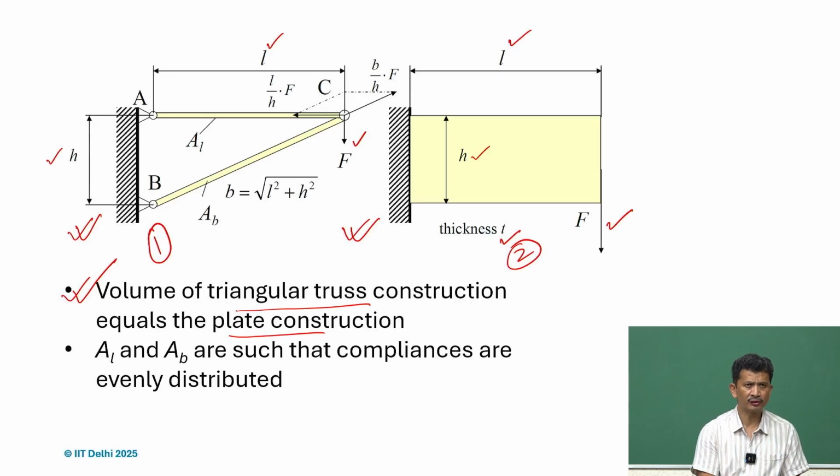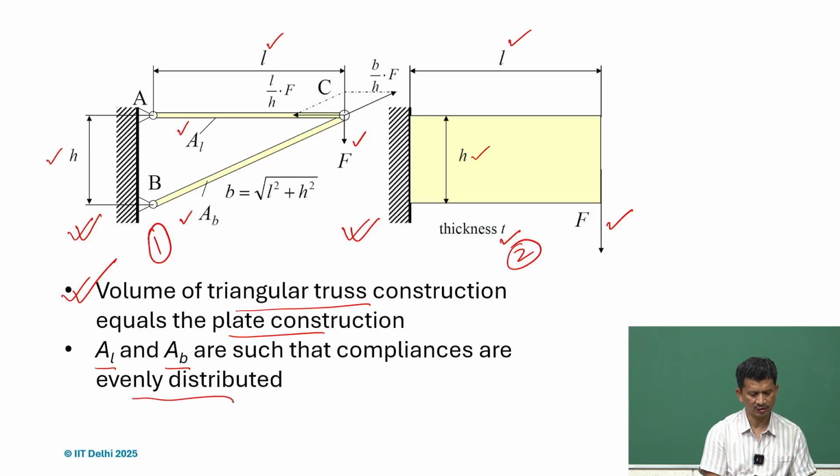When we were talking about the trusses, we also solved one example, where the areas of cross section AL and AB are such that the deflections at F are the same. So, evenly distributed. We found the relationship, and then we will calculate what the difference is.